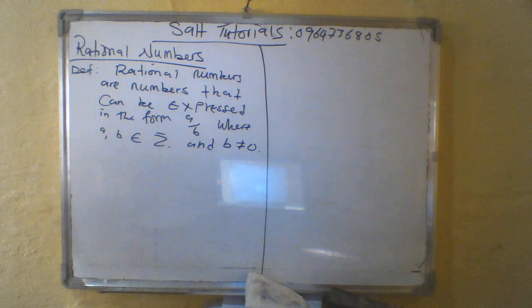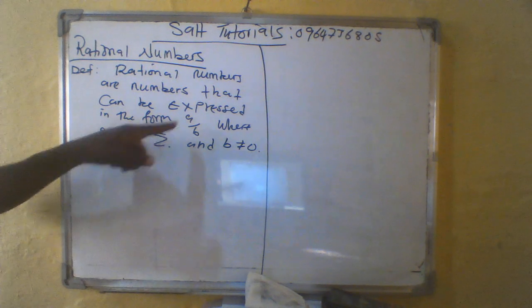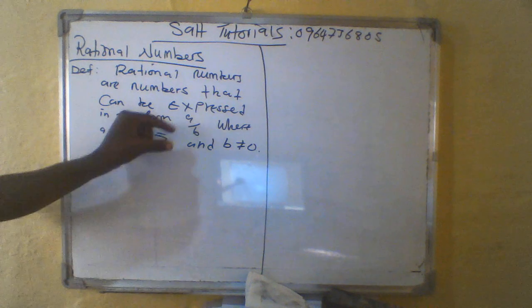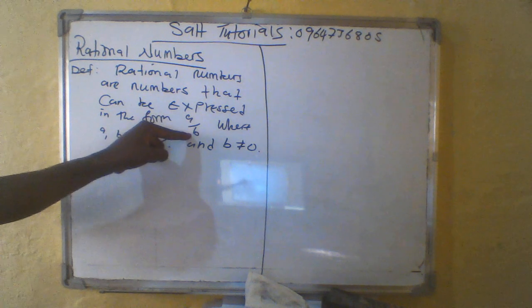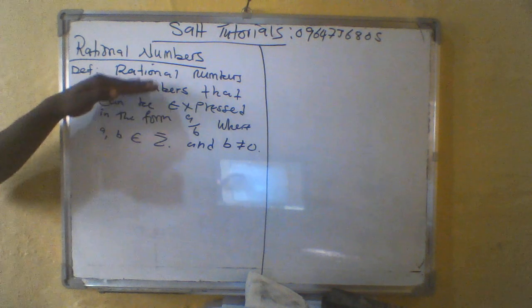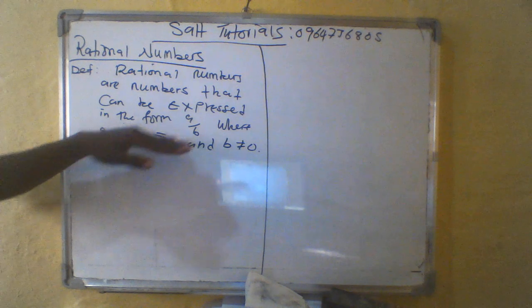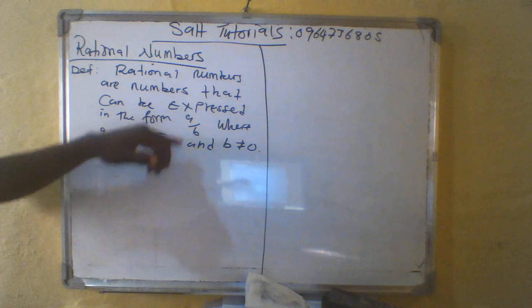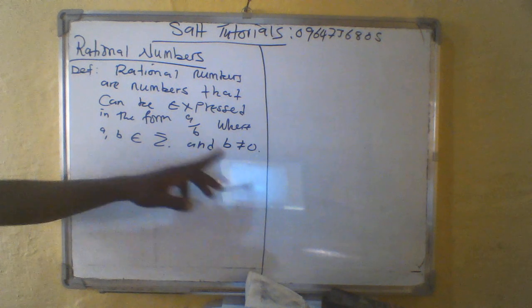Remember, integers are basically positive or negative values. I can grab my a to be 1, I can grab my b to be 2, and make a fraction 1 over 2. That fraction is in the form of what? a over b. But keep in mind that this b should never be 0.